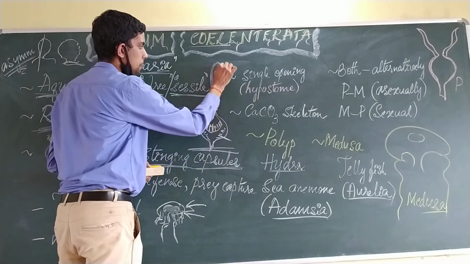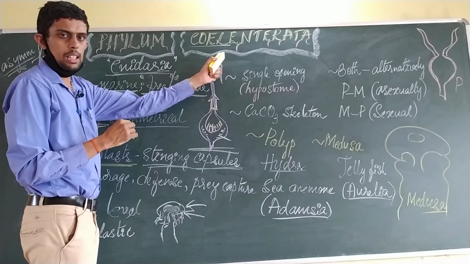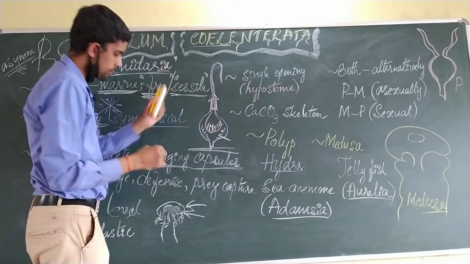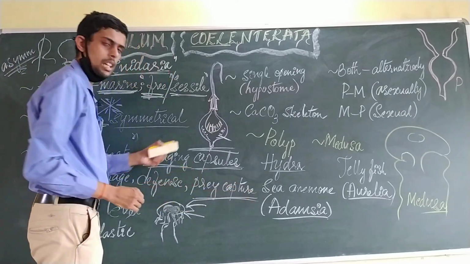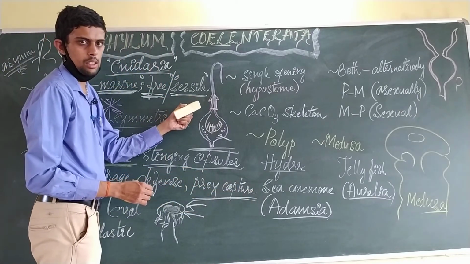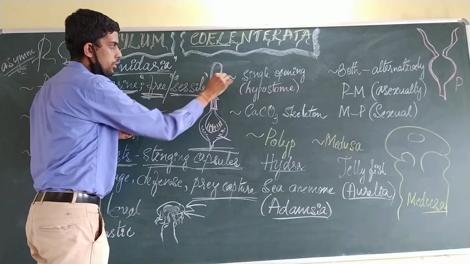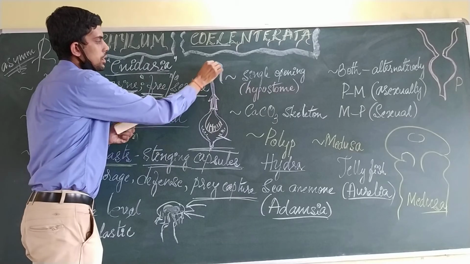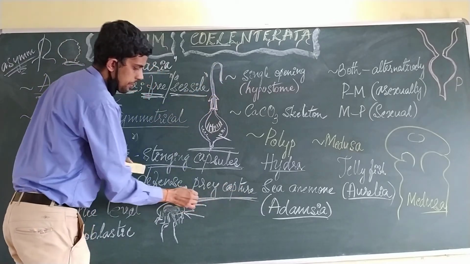This comprises a long projection that can be used for capturing prey, just like a hook for a fish. When you take a hook, it has this kind of structure, right? So that is used for capturing prey.